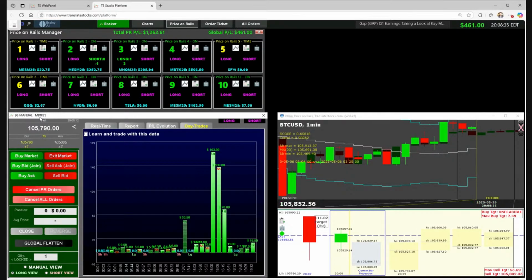This code here is different from this real-time code here, because this one is for the MBT and this one is for the Bitcoin, the crypto, the BTC USD. And these results are trading the micro Bitcoin.